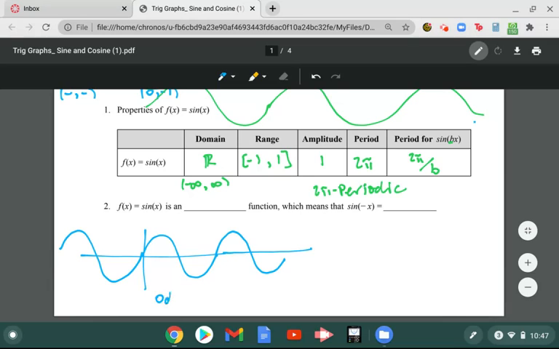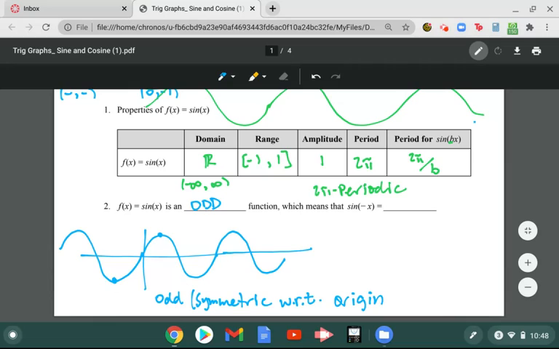This is odd because it's symmetric with respect to the origin. That means that wherever I find a positive value, I'm going to find its negative value, kind of reminiscent of a cubic. So sine is an odd function.